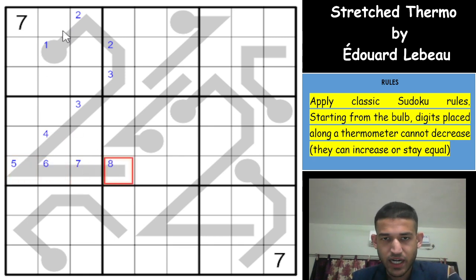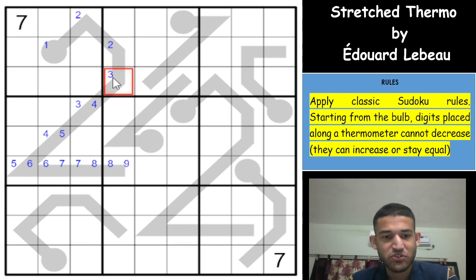Now that you have started from the bulb and wrote all the minimum digits, let's do the same from the reverse direction. We'll start writing all the maximum digits starting from that. So this maximum would be 9. It can maximum only be 9. So this is maximum 8, 7, 6, 5, 4, and notice that these 2 digits can repeat.